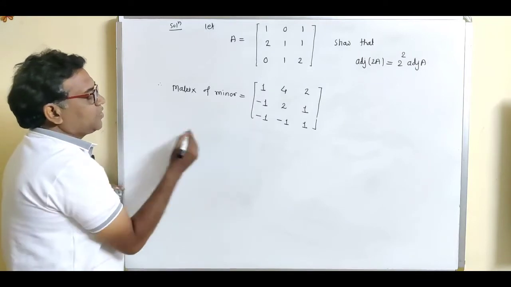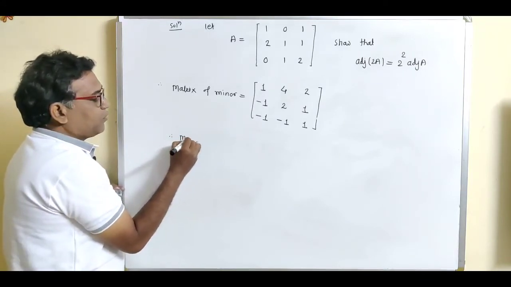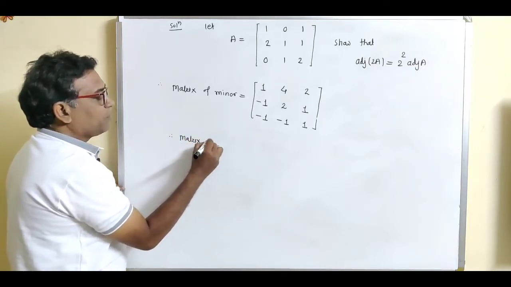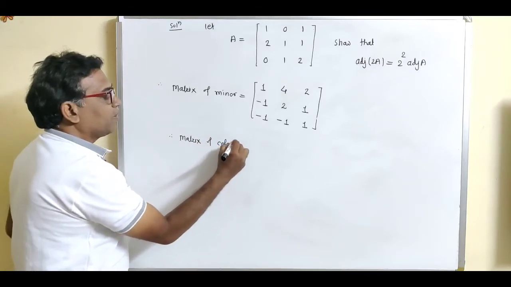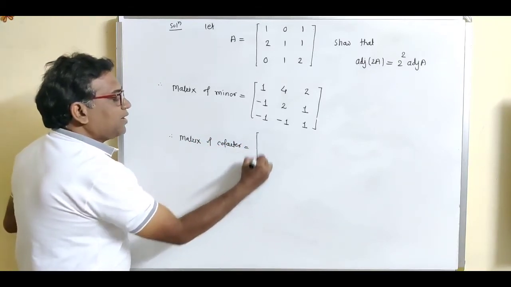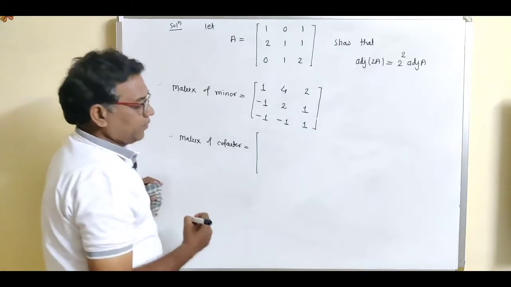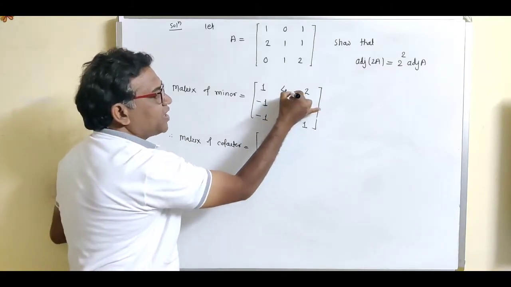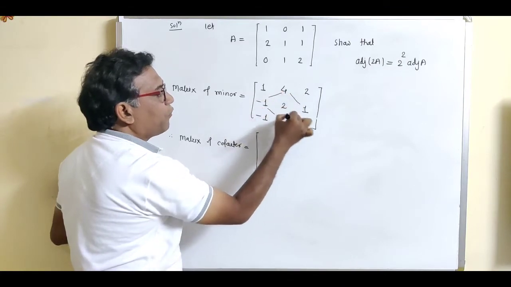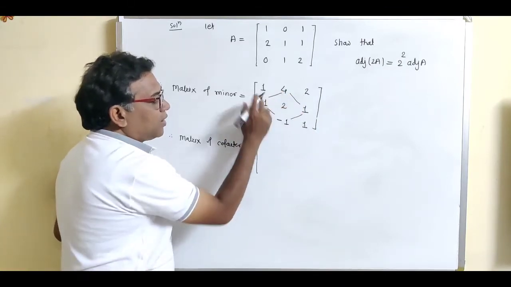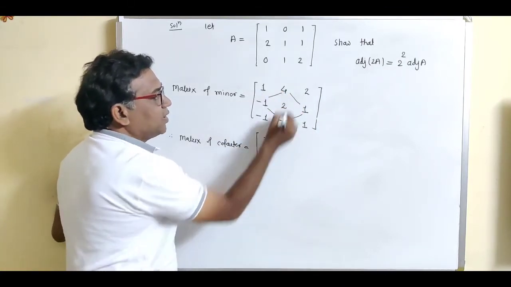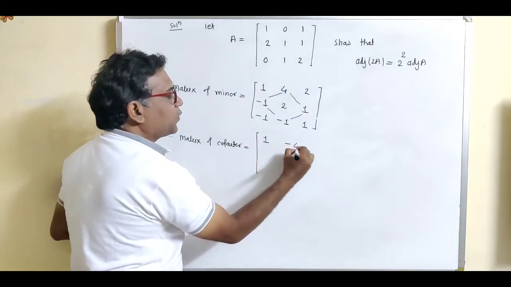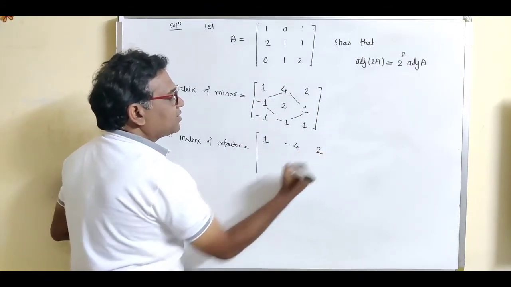Now from the matrix of minor, we have to find the matrix of cofactor. So matrix of cofactor is equal to, how to get this matrix of cofactor? Just change the sign of these 4 elements. Write the first element as it is. Change the sign, it is -4. This element as it is.